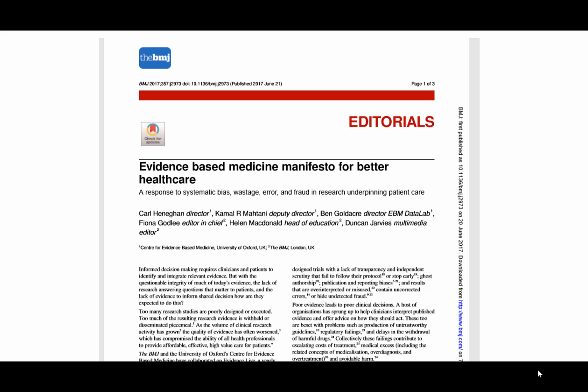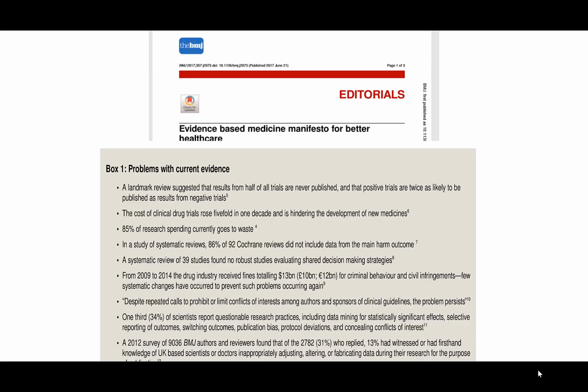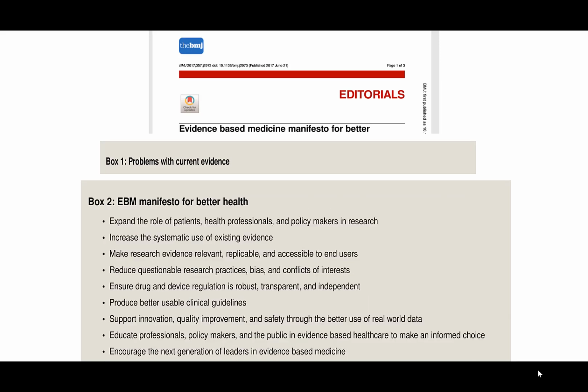And this is worth reading because it also brings forward problems with the current evidence base and also some solutions for how we might rise above some of these QRPs and how threats to validity are assaulting our evidence base, but what we can do now that we are knowledgeable about this in order to protect the evidence base so that it is a useful evidence base to inform decision making, because that is the whole point of research, is for us to have an evidence base that is useful, valid, and at low risk of bias, so we can apply that to patients and patient populations so we know what is effective and what is not.